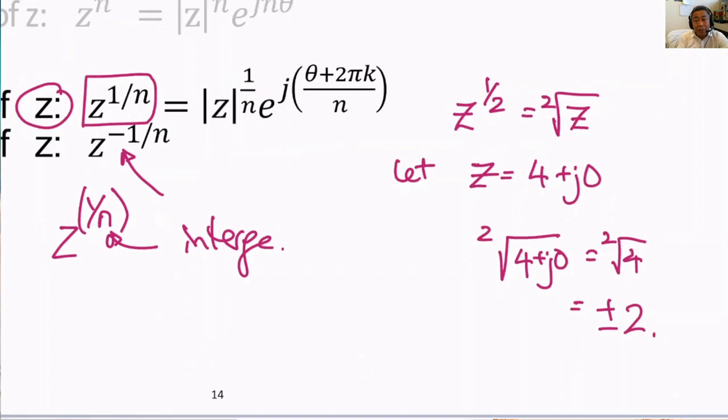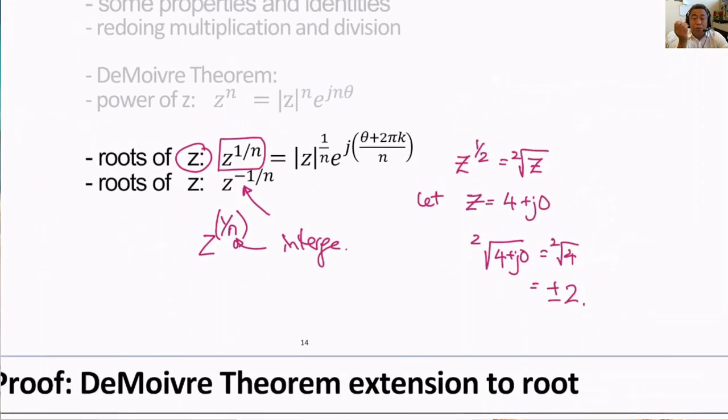So you realize that taking the square root will give us two values if we are interested in the entire range of the real numbers. We can have positive values as well as negative values, because minus 2 squared is equal to 4. So we now maybe begin to appreciate why the roots are multi-valued.